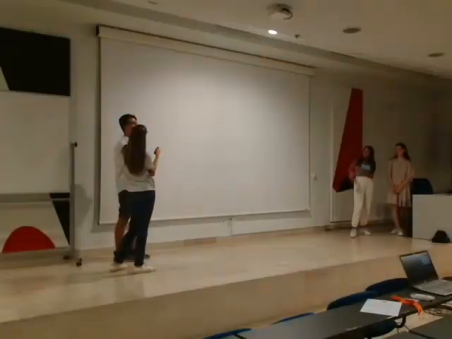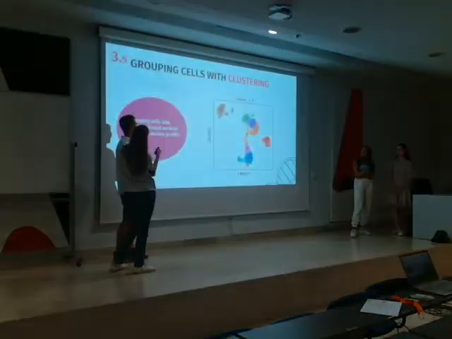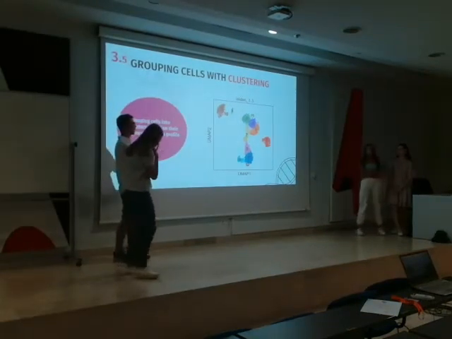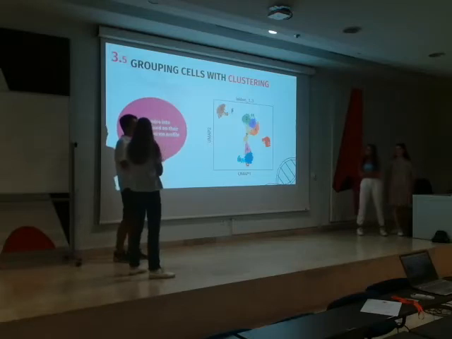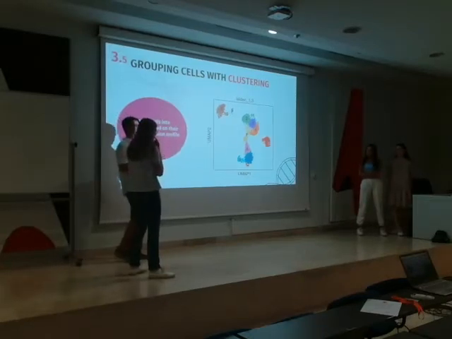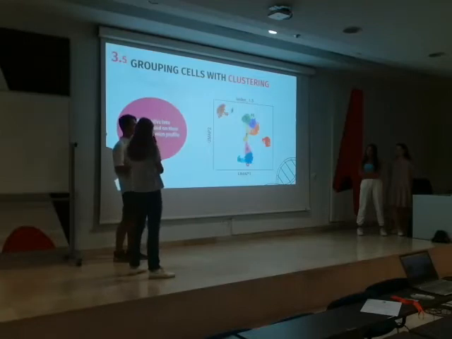So how clustering basically works is you set a resolution which tells the program how many clusters should be expected. But what it basically does is it makes a k nearest neighbor graph.